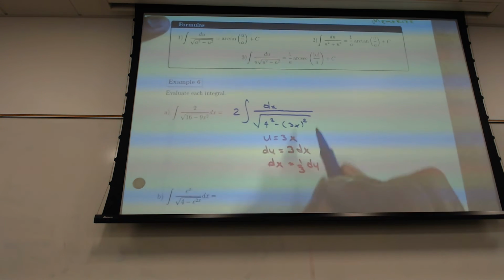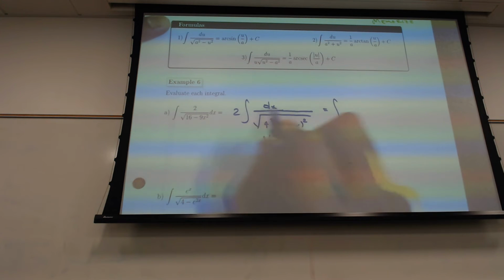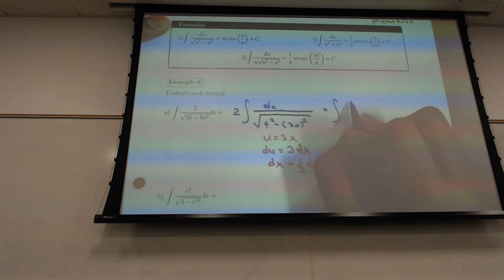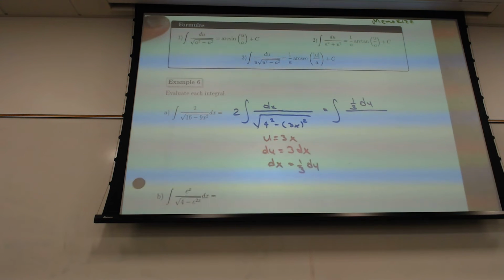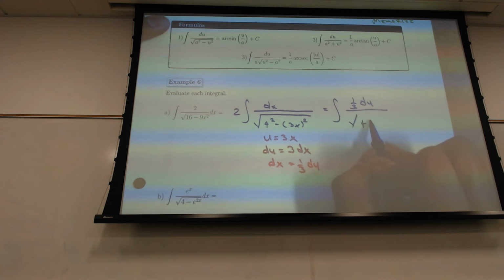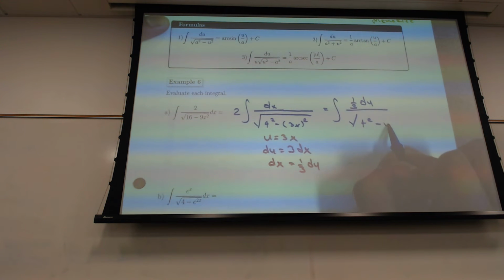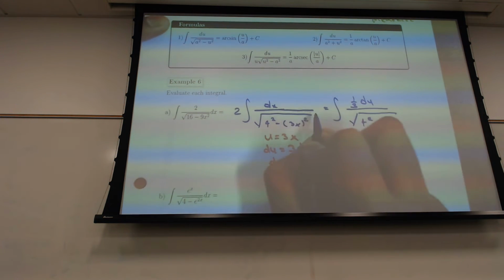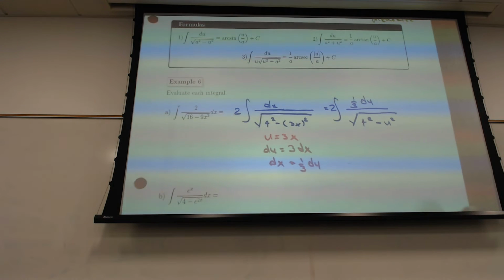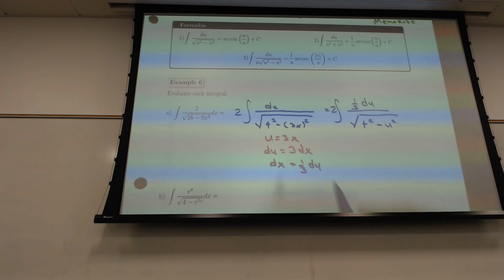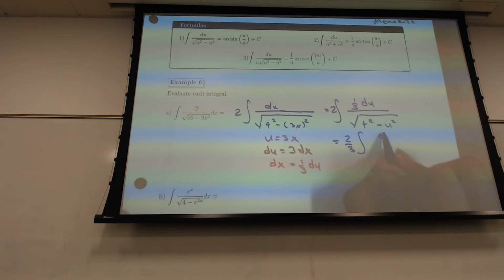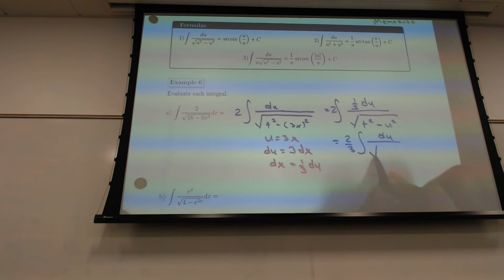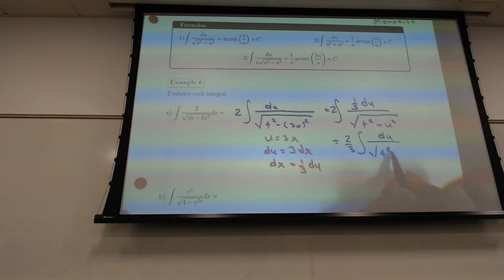And then I'm going to rewrite the integral. dx becomes 1/3 du, and that's going to be over the square root of 4 squared minus u squared. And don't forget the 2 outside. And then, of course, this 1/3 times 2 outside of the integral becomes 2/3 du over the square root of 4 squared minus u squared.